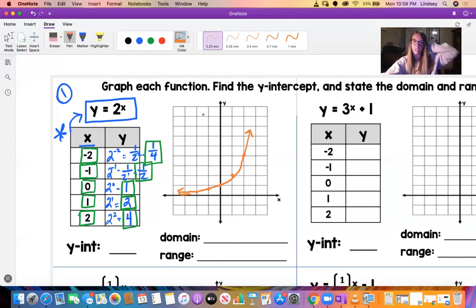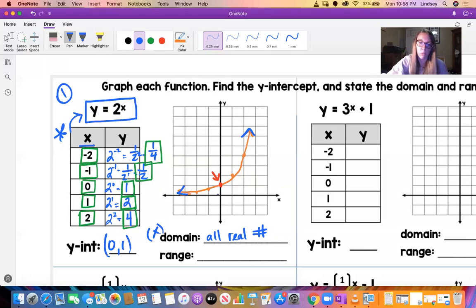All right, the y-intercept for this one is right here. So that point is 0, 1. The domain, how far does this graph go from left to right? Well, it looks like it goes on and on forever to the left, on and on forever to the right. So my domain is going to be all real numbers.